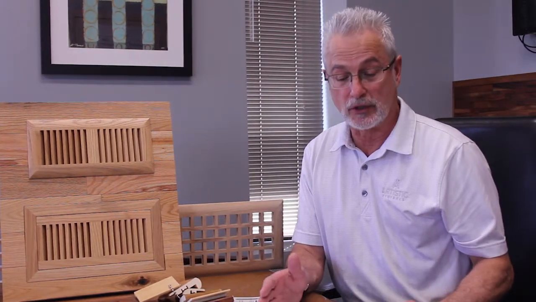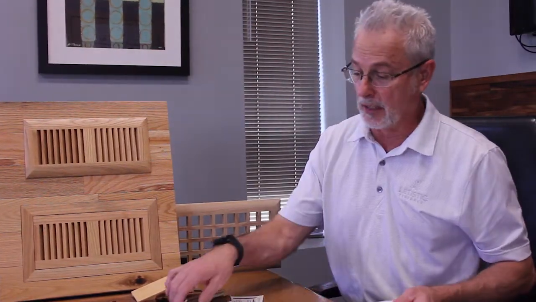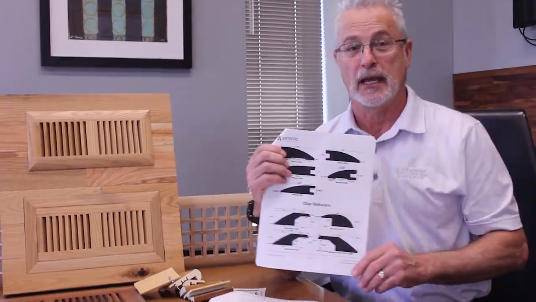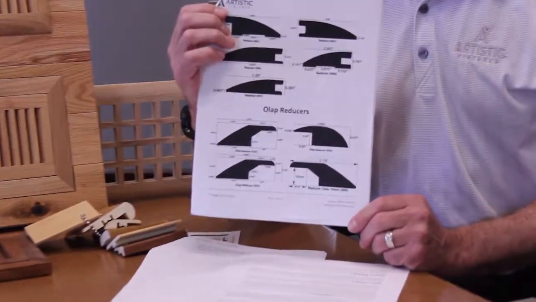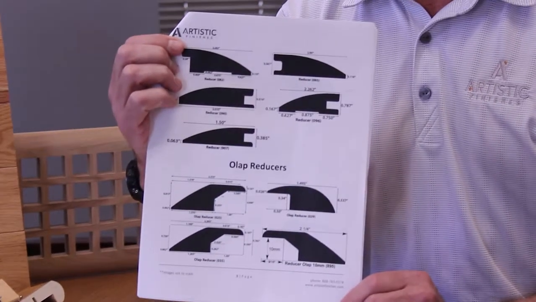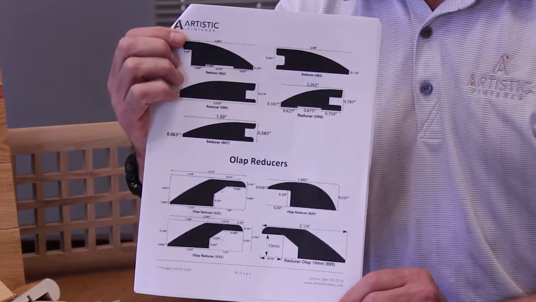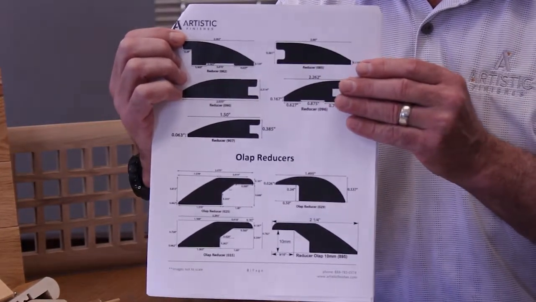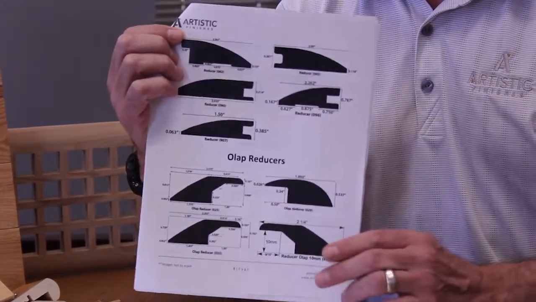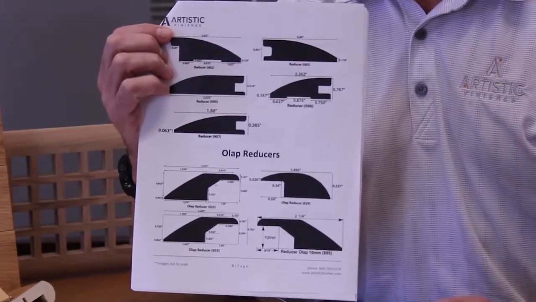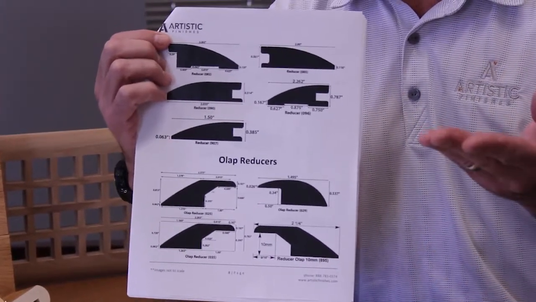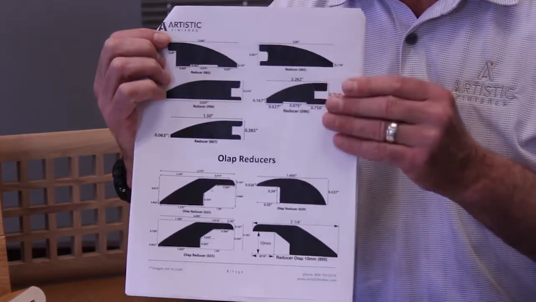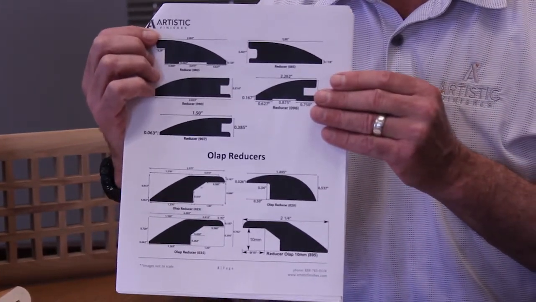Next would be to discuss reducers. Now here at Artistic we make a number of styles and designs, and if you look at the top section here in terms of reducers, you will see that they are the flush reducers. And with regards to our flush reducers, that 1:2 ratio, height rise to run, our flush reducers are all ADA compliant as shown here.